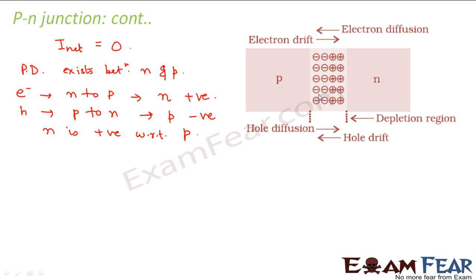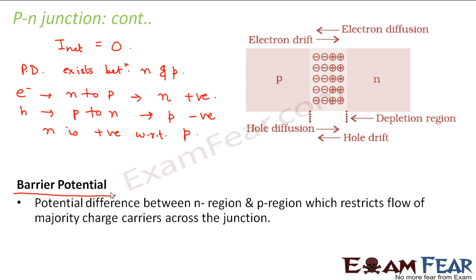So this potential difference at equilibrium between P and N is known as barrier potential. So how do we define barrier? Why do we call it barrier potential? Because this potential difference between N and P restricts further flow of majority charge carriers. So it is the potential difference between N region and P region which restricts further flow of majority charge carriers across the junction.